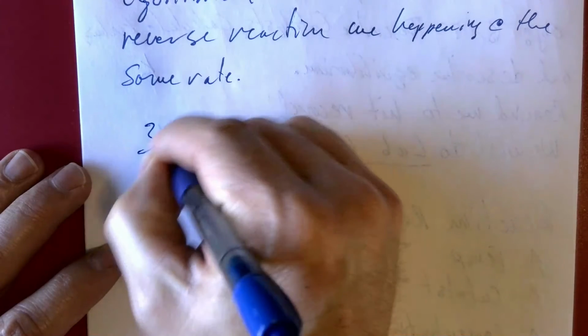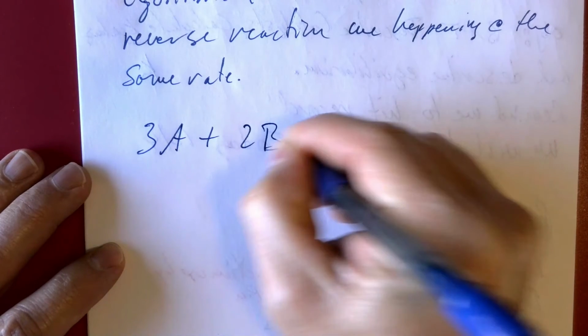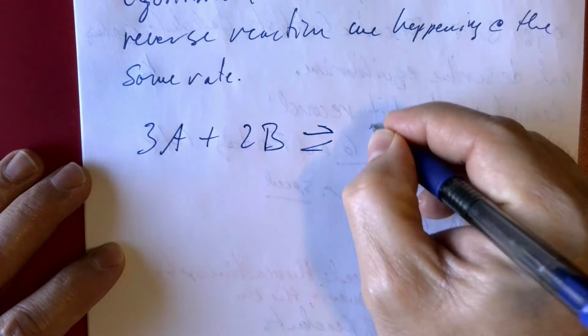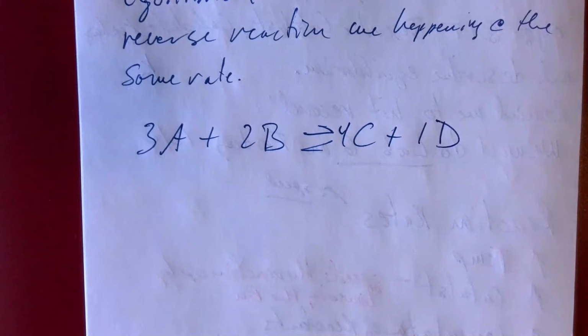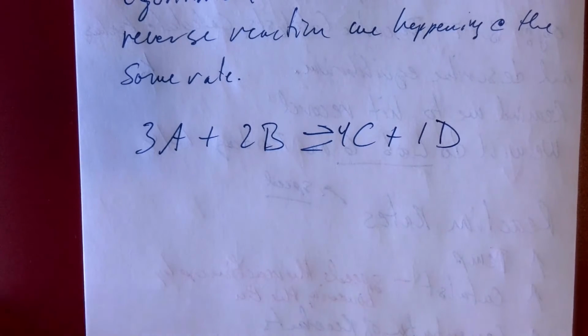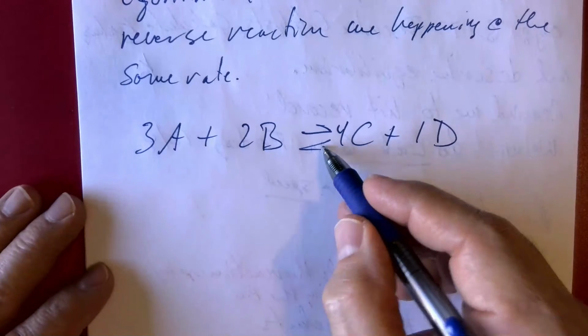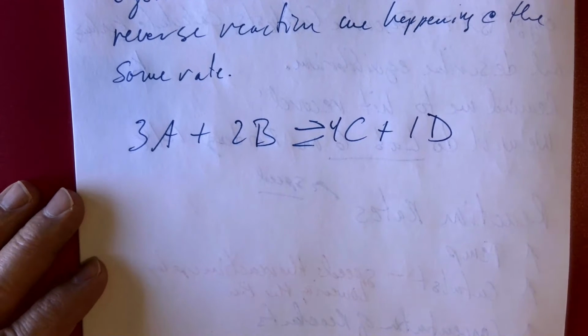Now, in an equilibrium situation, you end up with double-headed arrows. So I'm just going to make something up. Let's say I got 3A plus 2B is in equilibrium with 4C plus 1D. Doesn't matter. Here's a reaction. These two arrows means that an equilibrium is established.